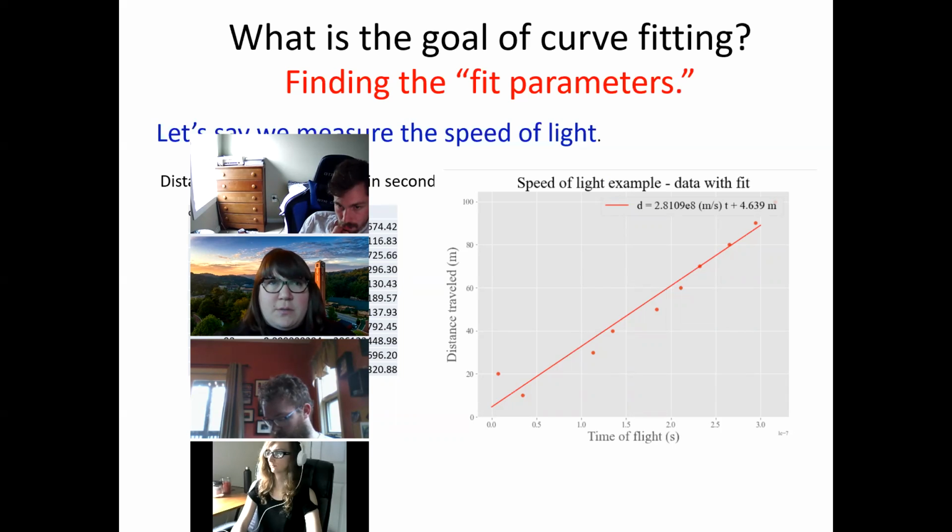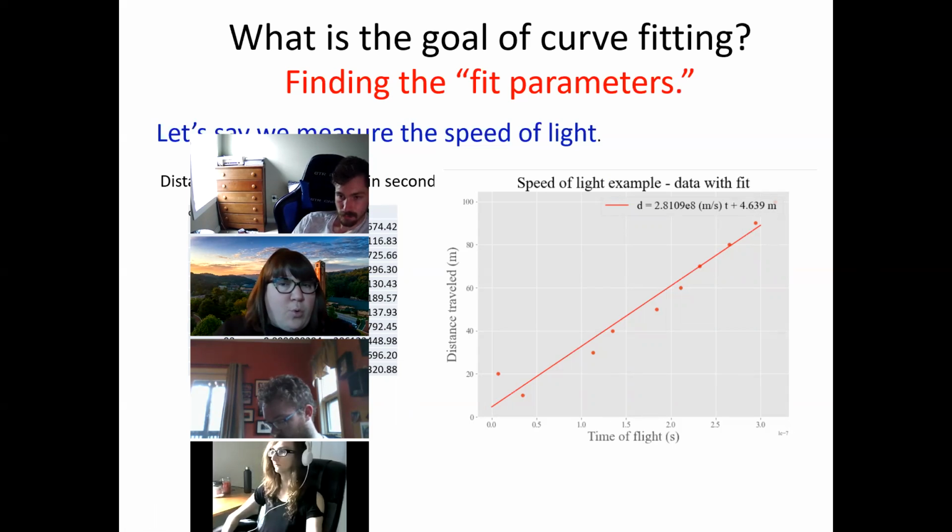The speed of light equals the distance traveled divided by the time it took. So we would expect this y-intercept to be 0 for our situation. There shouldn't be a plus something. So that tells us there's some kind of offset happening in our entire plot, where the points are not lining up so that the intercept is 0. So maybe we can get some information about what our equipment is doing, knowing that the y-intercept is not 0.